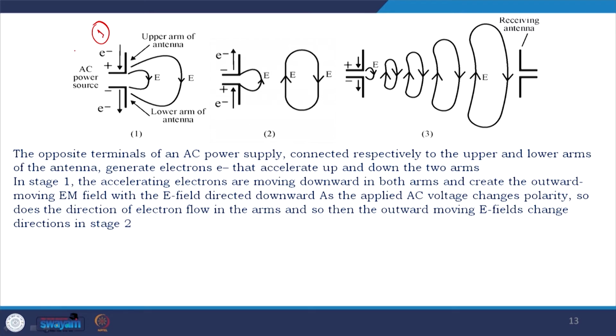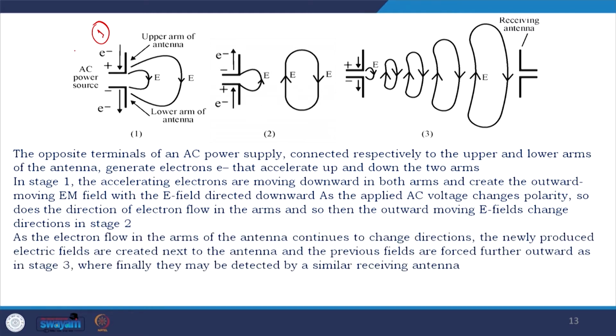As the applied AC voltage changes polarity, so does the direction of electron flow in the arms, and so the outward moving electric fields change direction in the next stage. As the electron flow in the arms of the antenna continues to change directions, the newly produced electric fields are created next to the antenna and the previous fields are forced further outward as in stage 3, where finally they may be detected by a similar receiving antenna.